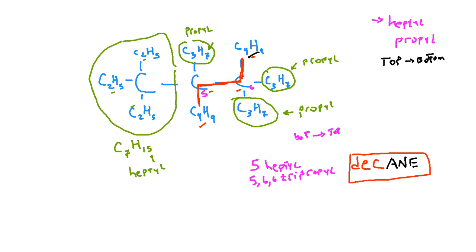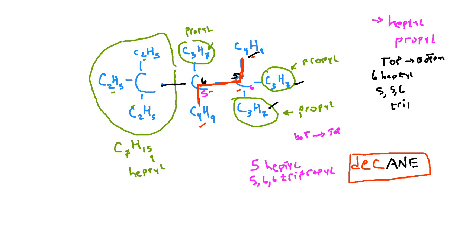So where is the heptyl? Now the heptyl would be on 6. So this would be a 6-heptyl. And where were the propyls? Well, there's a propyl on 5, 5, and 6. So 5,5,6 tripropyl decane. Okay, so I did one.